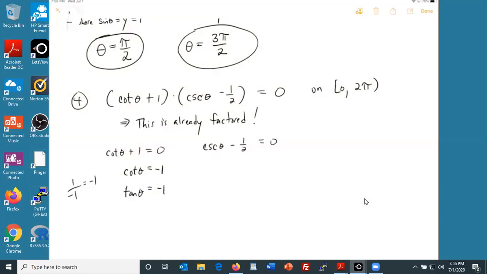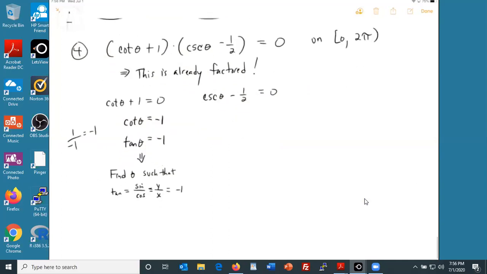So now what am I going to do with this? So now we want to find theta such that the tangent, which remember is sine divided by cosine, or y divided by x, will equal -1. Now this is almost the same thing as 1, so that means x and y have to be equal but opposite.